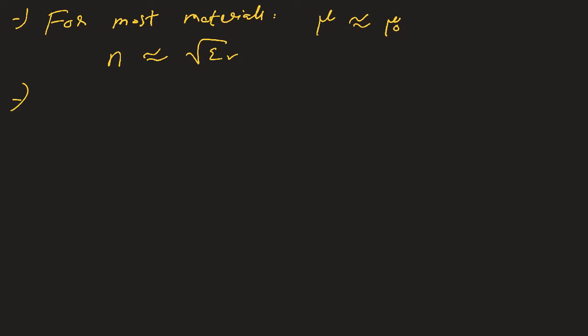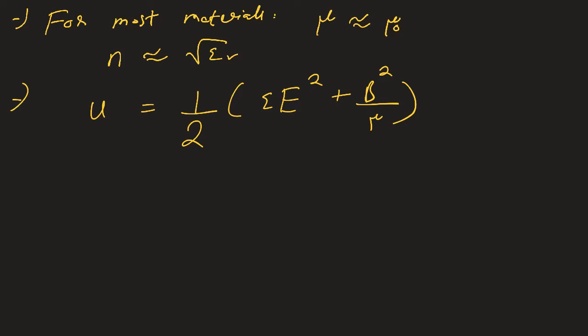For example, if you have an electromagnetic wave propagating through a dielectric, the energy density U is 1/2 times epsilon E squared plus B squared over mu, right?